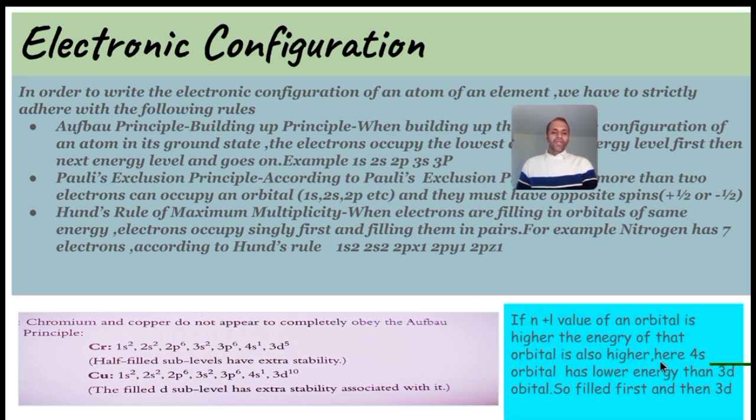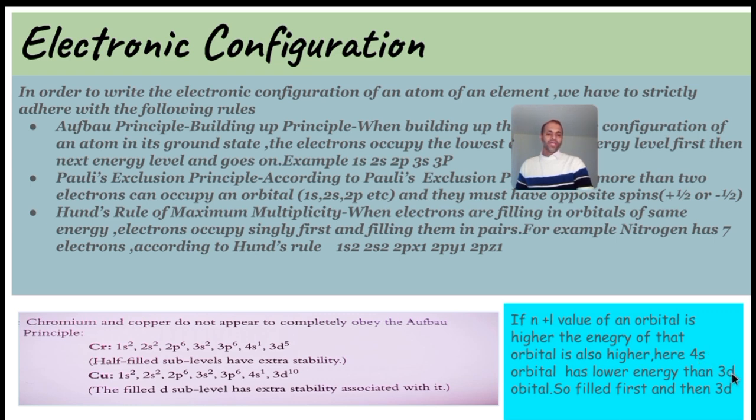If we consider 4s, the n value is 4 and the l value for an s orbital is 0. So n plus l is 4 plus 0, which is 4. That is the n plus l value of the 4s orbital.